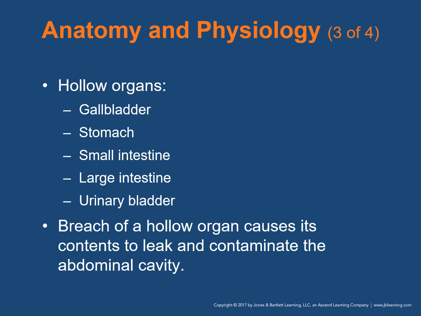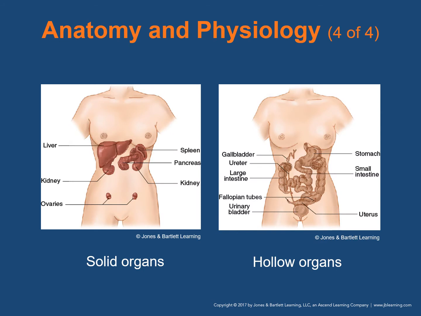If you cause damage to the bladder and it's full, you're going to leak urine into your abdominal cavity. Damage to the stomach, you're going to leak stomach acid into the abdominal cavity. So obviously these are issues as well.